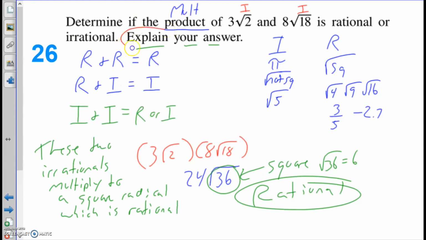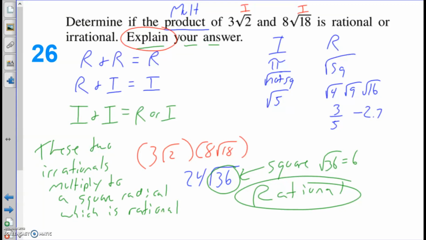And remember, the word explain means write out a little bit of a sentence. Justify means just show your work. If it said justify, I would have stopped here. But because it said explain, I had to write a little sentence. These two irrationals multiply to a square radical, which is rational.